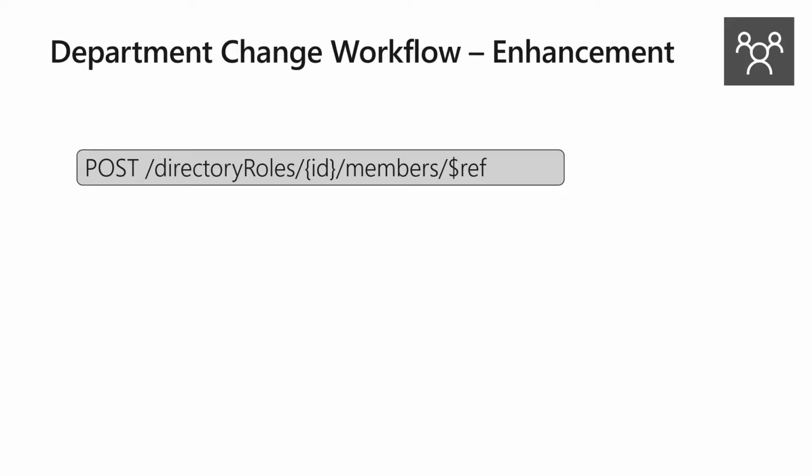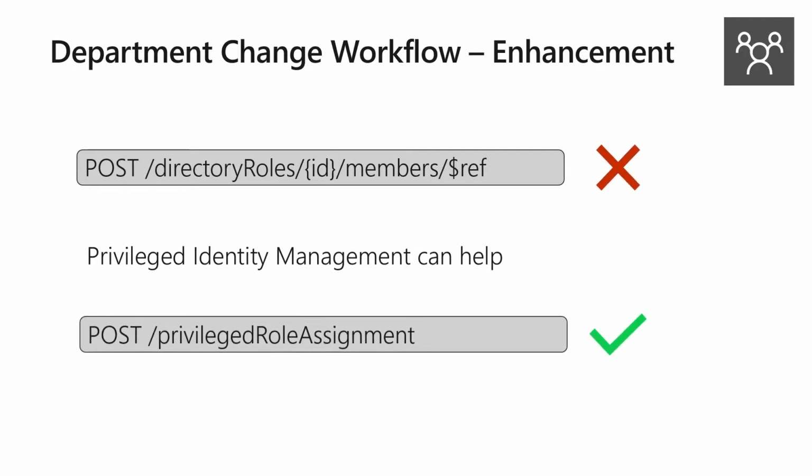So instead of adding someone persistently to a directory role with the call you can see right now, you could use PIM to add them as a candidate for a role, and they could request that just in time. And they could be demoted from the role when they're done with whatever their task is. This could be super helpful, for example, to build inline into a help desk app, where people occasionally need to do privileged things like perform password resets and other things like that.